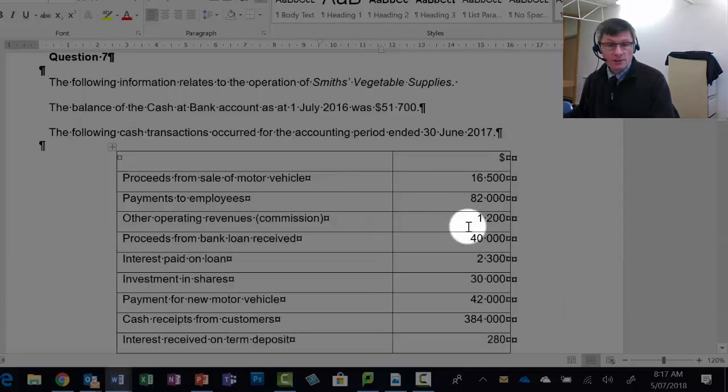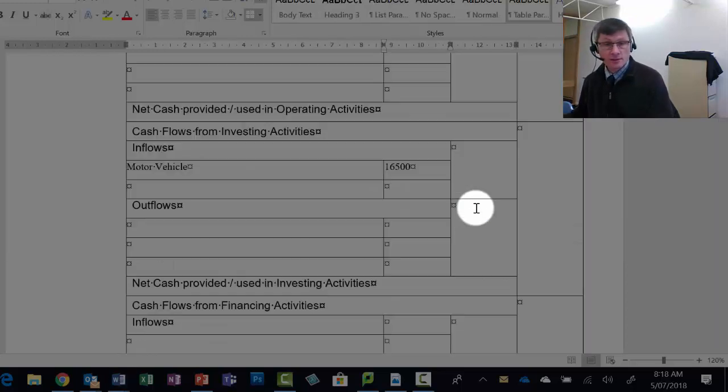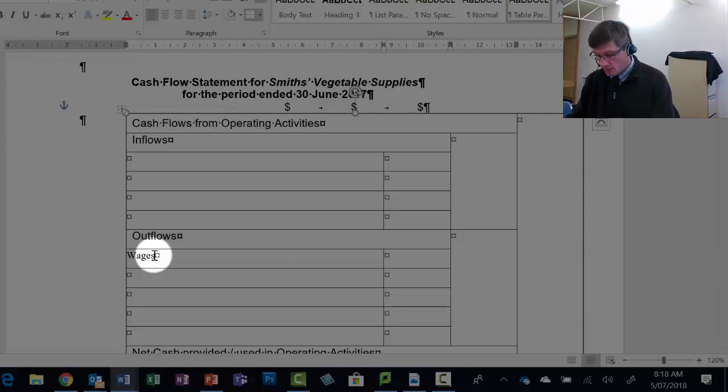So in relation to my exam paper, what I would do is cross it off to say that I've done it. Payments to employees, that's an operational item, 82,000. So that's an outflow in operations. So that's wages or payment to employees. It doesn't really matter what you put down there as long as you have the right amount. There's 82,000.